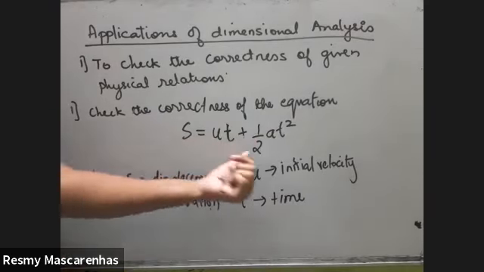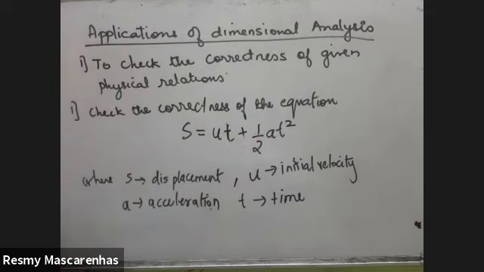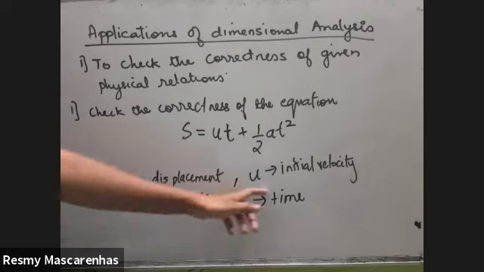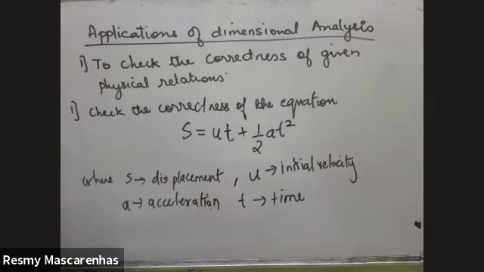If the dimensions match on both sides, that means the formula is correct. We know how to find dimensions of length, mass, time, velocity, acceleration, density, then pressure, stress, strain, like that. So this will be given. We have to find the dimensions of the left hand side and the right hand side. I'll start with the left hand side first.